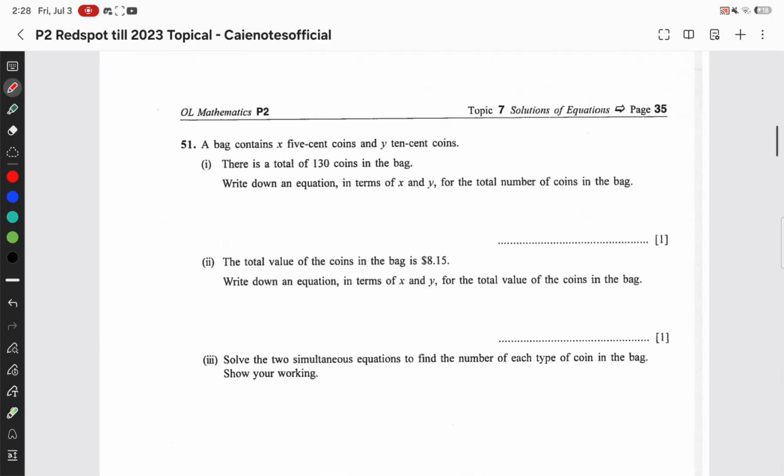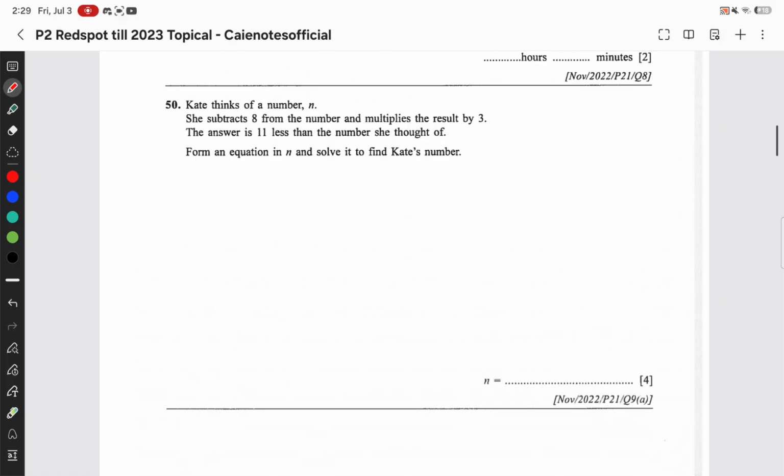Now I can solve these. Think about these types of questions. You got to read the question. Yes, it's really hard, it's really difficult, but you got to read your question. Sometimes these old papers make you form an equation and solve, form a series of linear equations and do it.